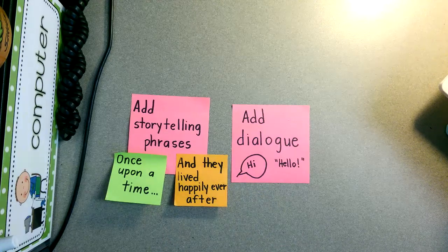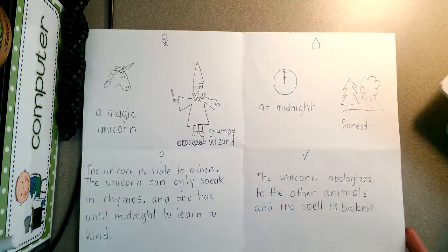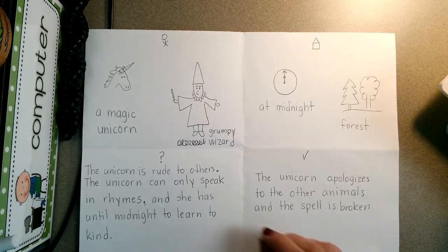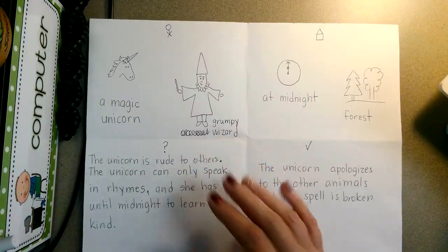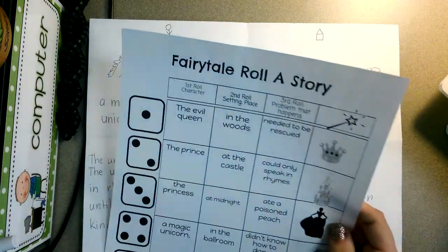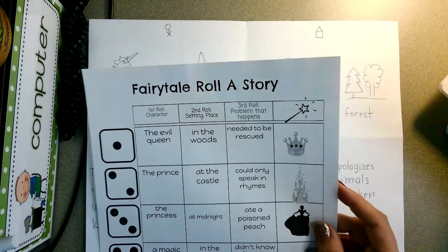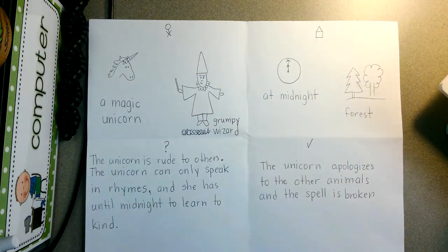So as you recall, Miss Davis has been working on her fairy tale. I generated or came up with ideas using my roll of fairy tale, using the dice to help me, and the different ideas for who could be in my story, where my setting might be, and what the problem might be. So Miss Davis has her ideas that I've planned out on my story map to help me.